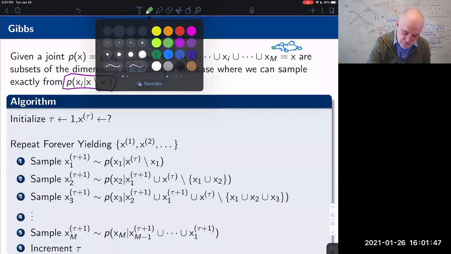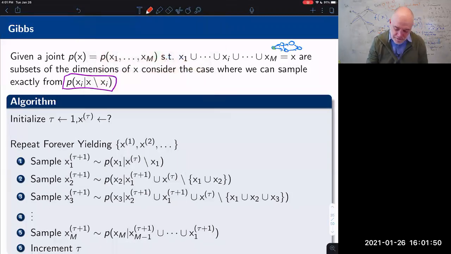And then subsequently, using the new sampled value, you sample the next one, from the conditional of x2, given the value that you just sampled for x1, along with all of the values for all the other random variables, minus the 2 that you've visited so far, because you're sampling x2 and you've got a value for x1.